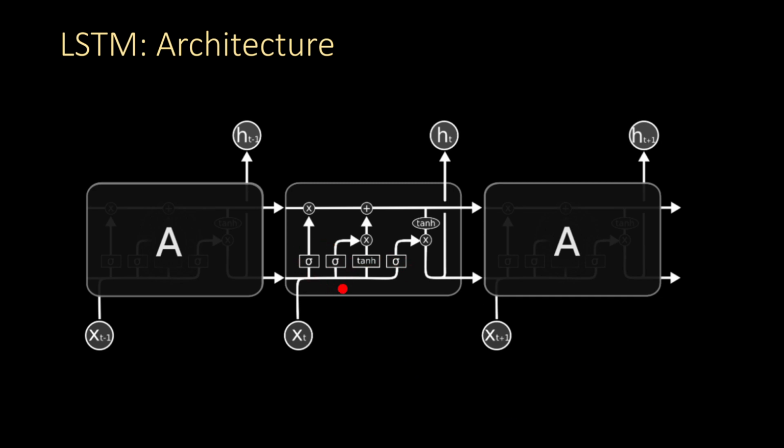The input gate gates the input information coming from X at time T, the present input, and coming from the hidden state of the previous memory cell, the previous state, to the current state of the memory cell.